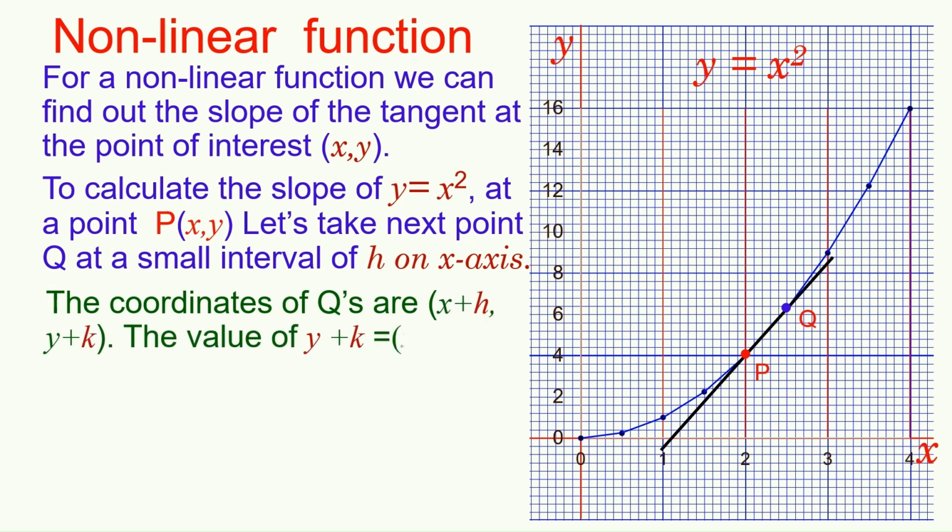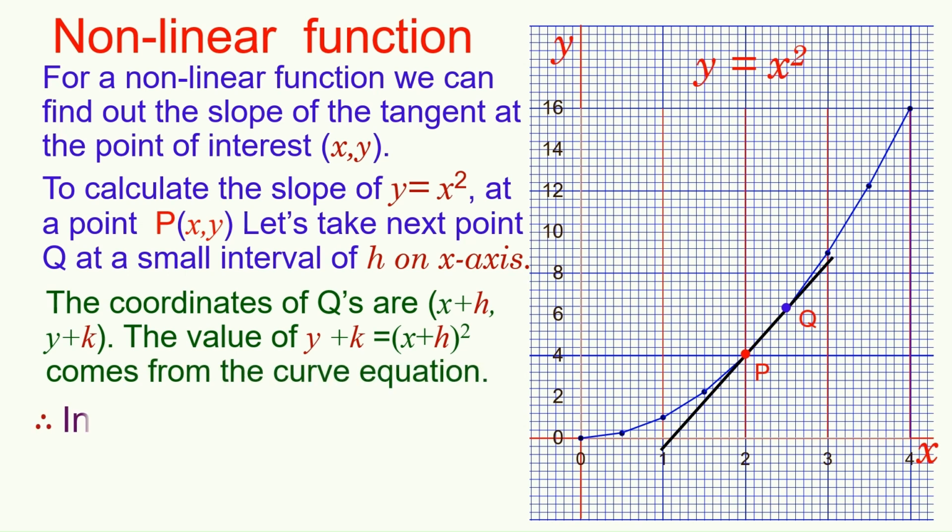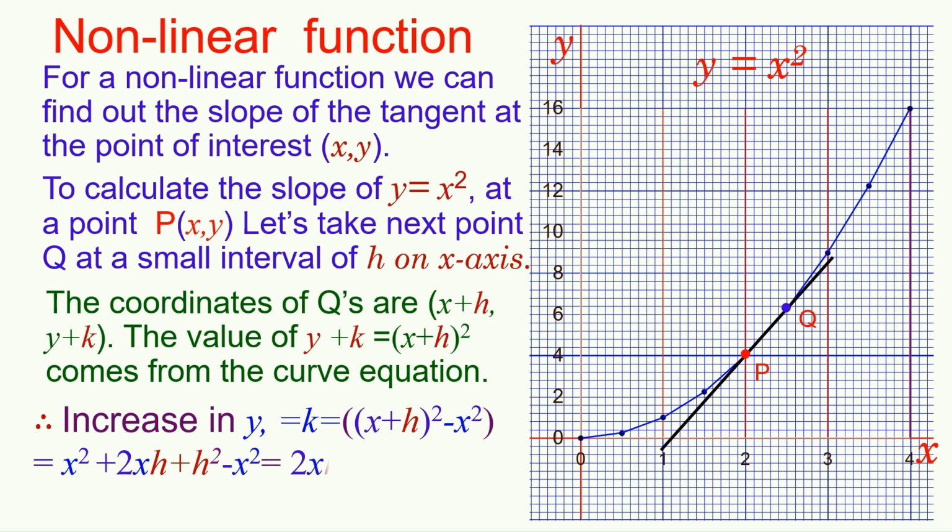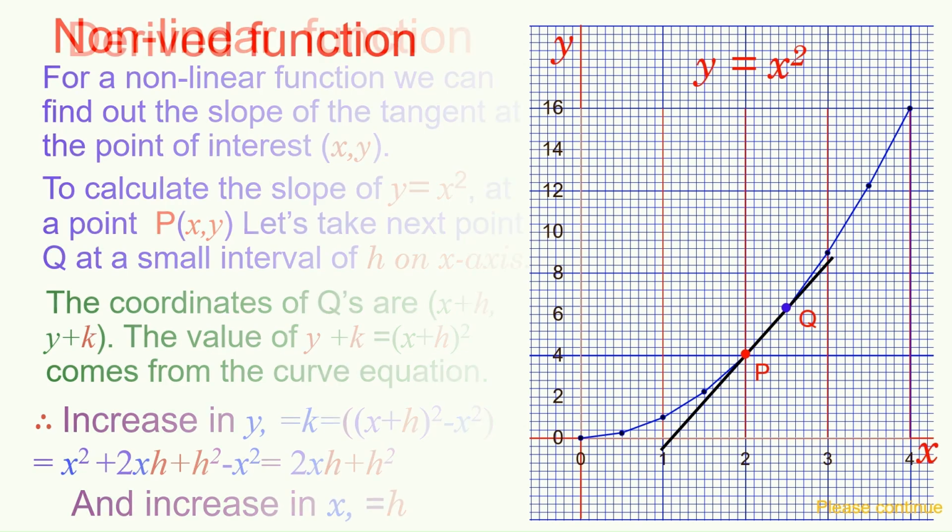The value of y plus k equals (x plus h) whole squared, which comes from the curve equation. Therefore the increase in y, k, equals (x plus h) whole squared minus x squared, equals x squared plus 2xh plus h squared minus x squared, equals 2xh plus h squared. An increase in x equals h.